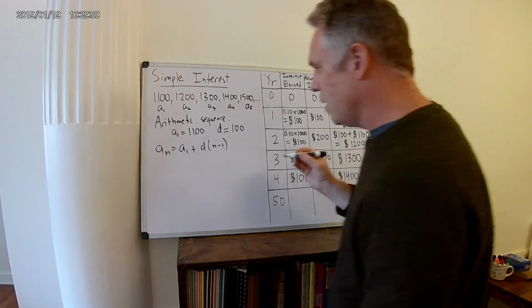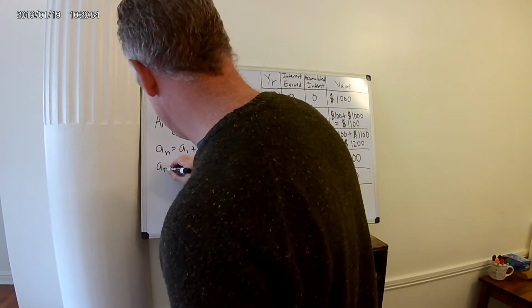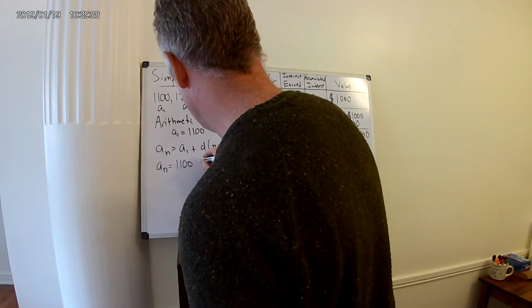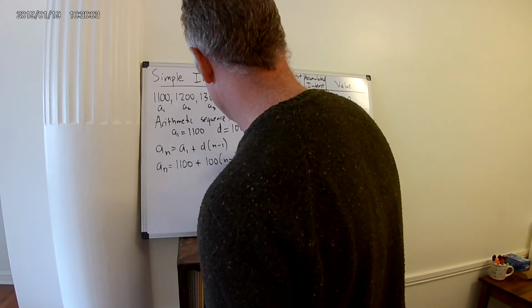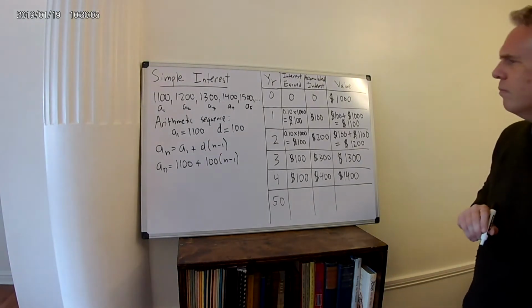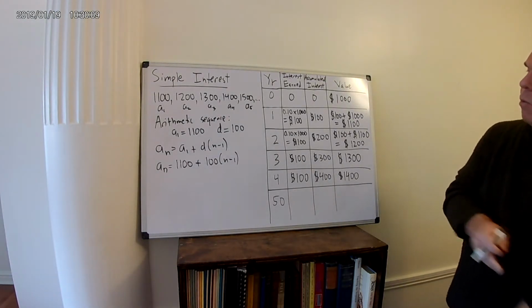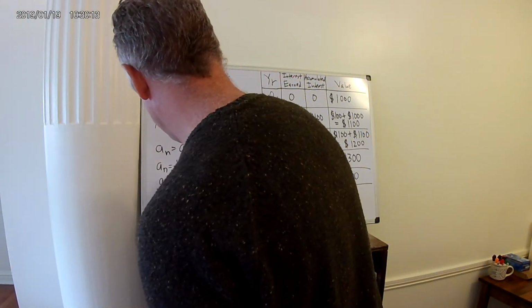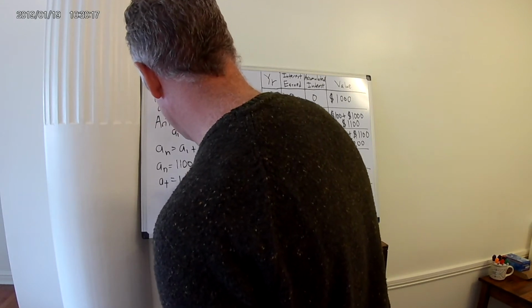In other words, AN for this particular sequence is equal to A1, which is $1,100, plus D, which is $100, times N minus 1, where N is the year. This is nothing earth-shattering here. I'm going to replace N with T. Excuse me, this is 1100.